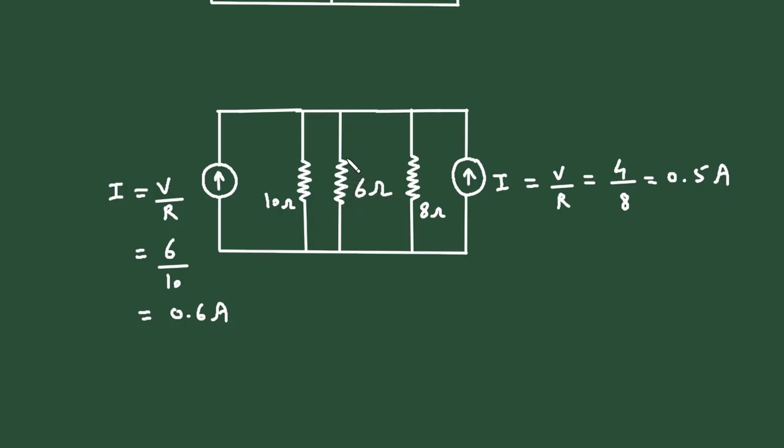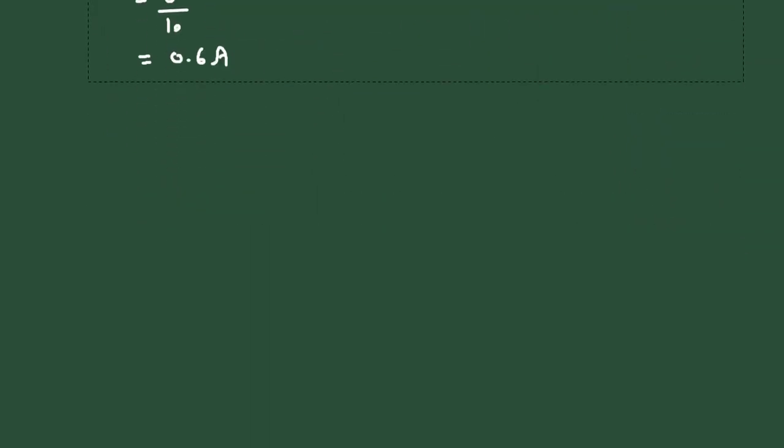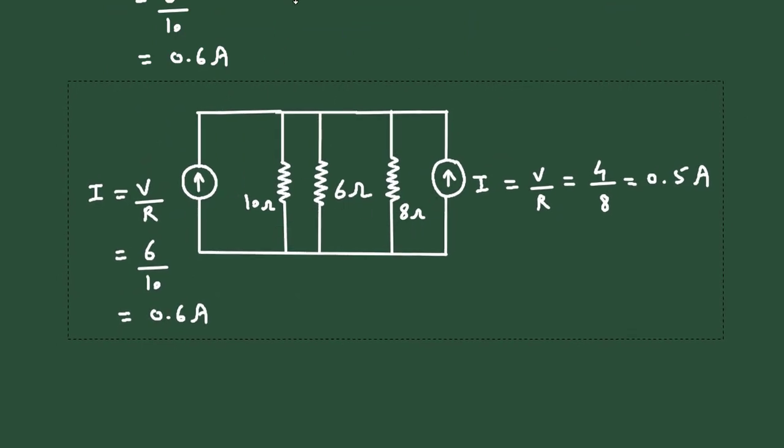So we will keep this as it is and we will simplify the remaining circuit. So let's redraw the circuit. Let's copy this circuit from here. Now here we can see the direction of this current and this current is the same. So we have to add them.